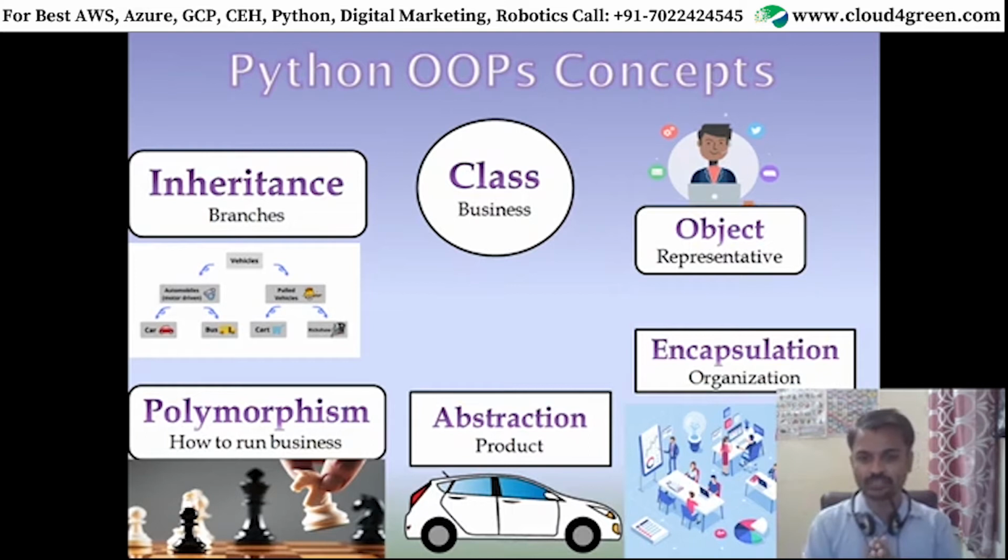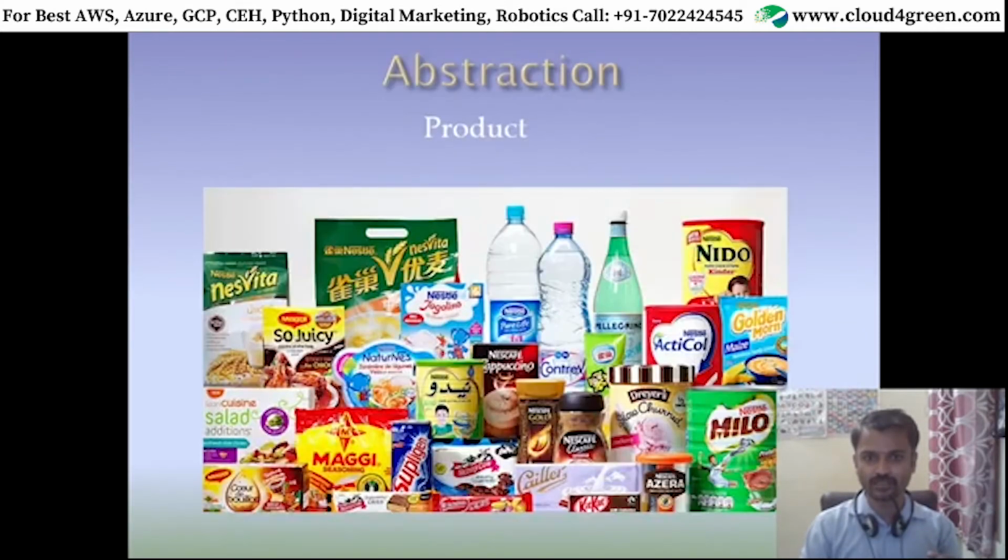Next comes abstraction, which is nothing but one product where there is no need to think about how that product runs. We just have to think about what use that product is to us. Here I have created one simple example.